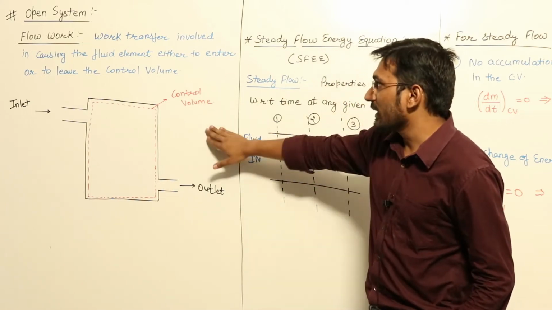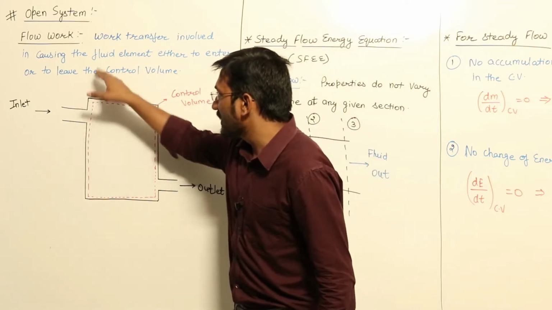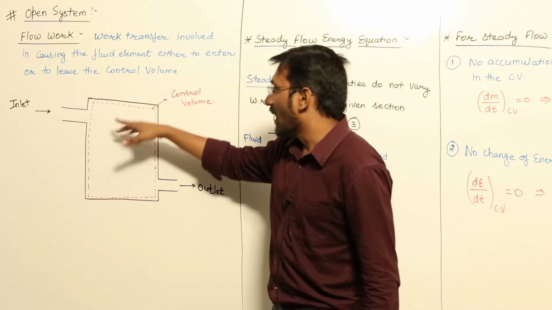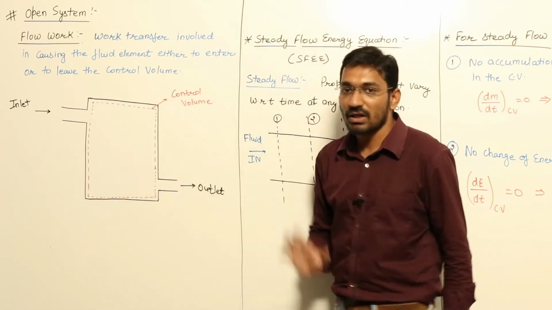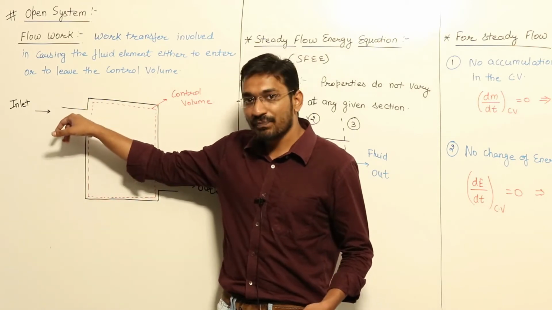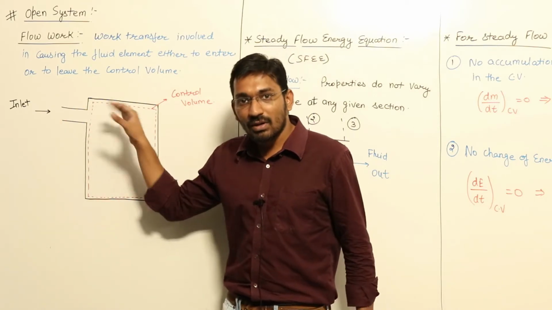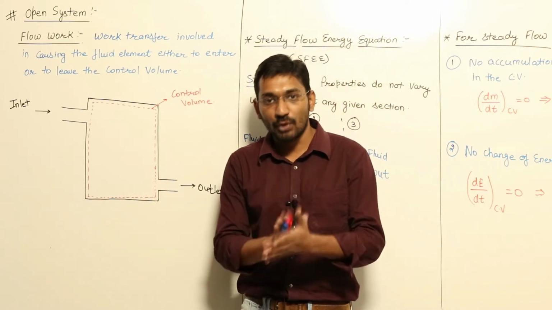So the flow work is the work transfer involved in causing this fluid element either to enter the control volume or to leave the control volume. The work required for this air to come into the control volume or to go out of it is known as your flow work.